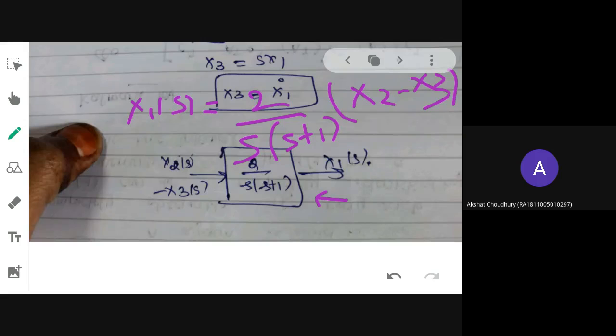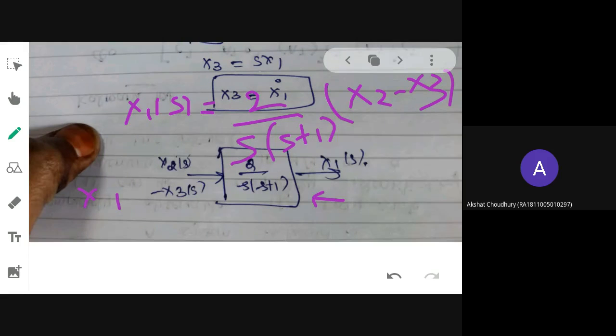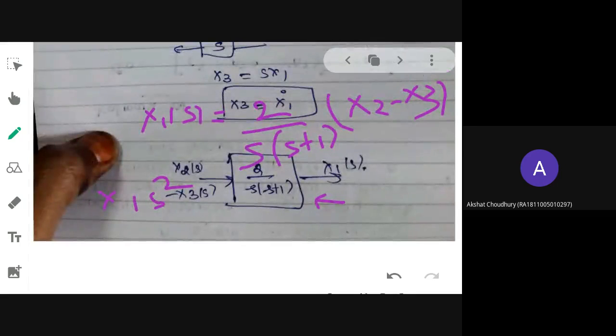x1 s squared plus x1 s, which is equivalent to 2 into x2 minus 2 into x3, you will get. Simplify this equation further and tell me the answer for x1 dot.